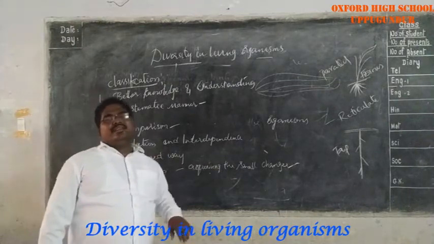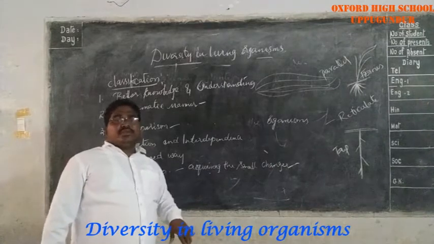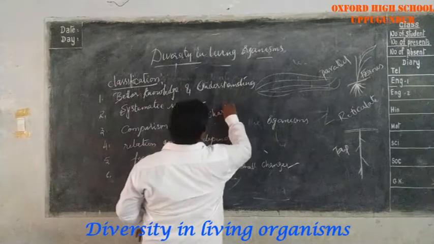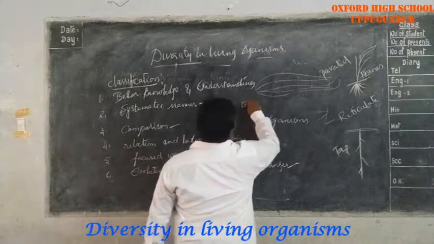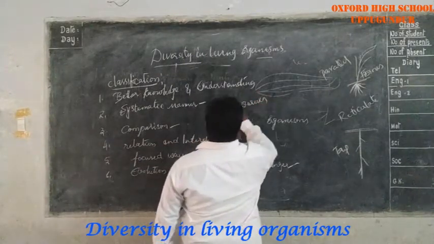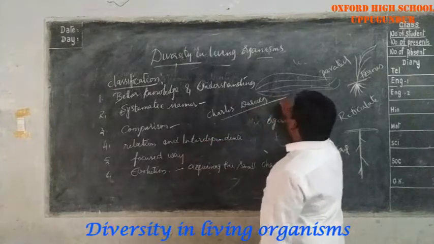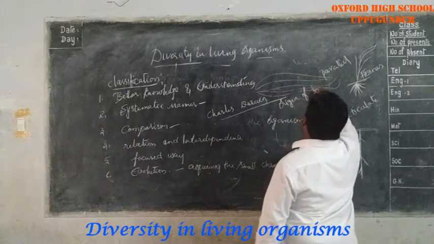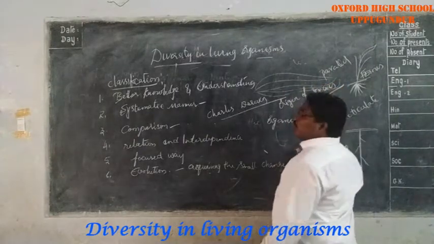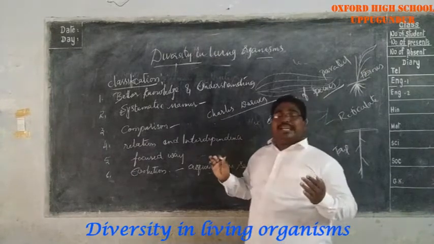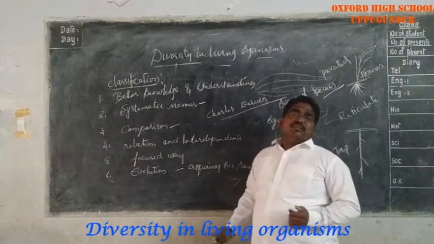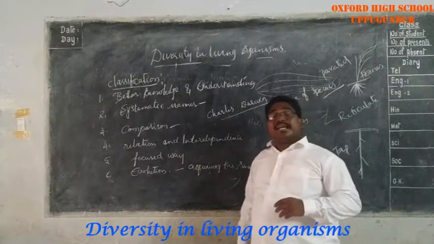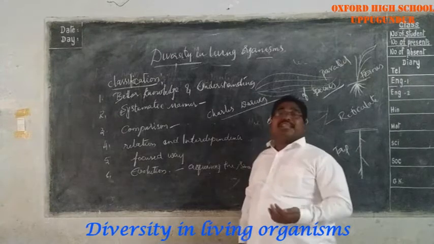One famous scientist was Charles Darwin. Who is he? Charles Darwin wrote a book, Origin of Species. In the book Origin of Species, Charles Darwin explained how evolution takes place. Okay? And he explained how the evolution of organisms takes place. Evolution means acquiring changes.